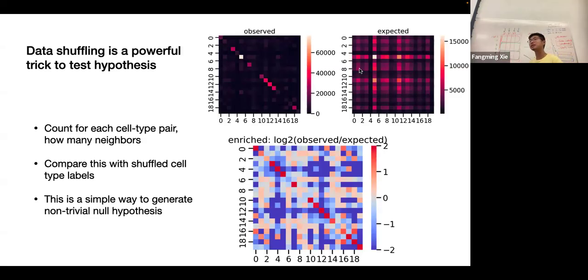Then comparing between the two, you know whether the actual data rise above chance or below chance, whether certain pairs of cell types are more likely to be near each other than random chance or tend to avoid each other, right?